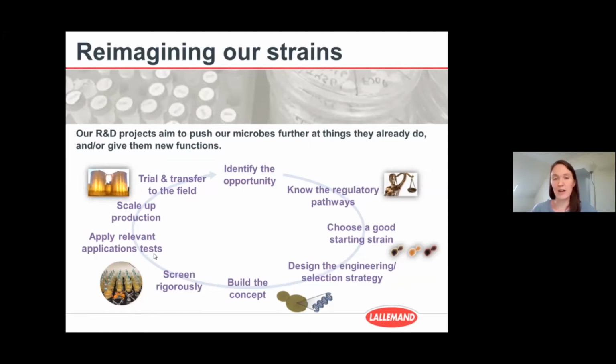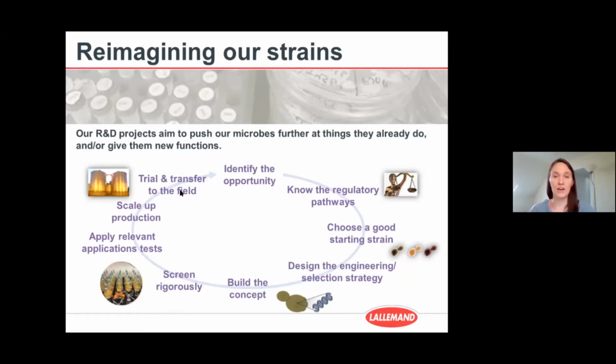And I would say that our successes so far have leaned on each of these steps and categories, but really choosing the good starting strain, and then doing the most relevant lab scale testing that we possibly can, which comes from scaling down the application tests to the lab, and also relying on the expertise of our business units to bridge that gap between the lab and the field.